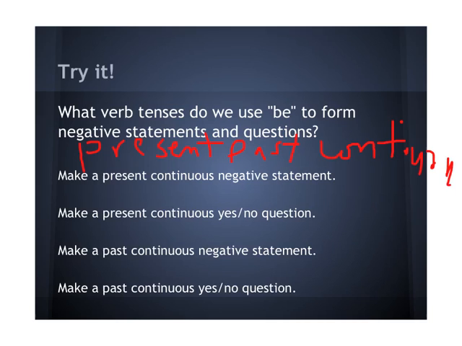All right, now the continuous verb tense must have ing. Okay, so let's see. Make a present continuous negative statement. All right, so we're going to need a verb to be. We're going to need it to be in present, so it's is, am, or are. We're going to need not to make it negative.